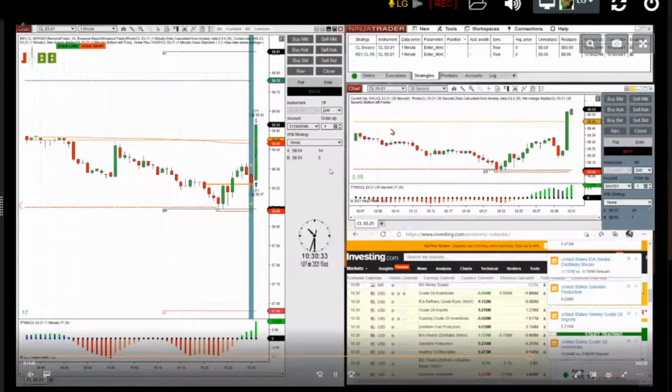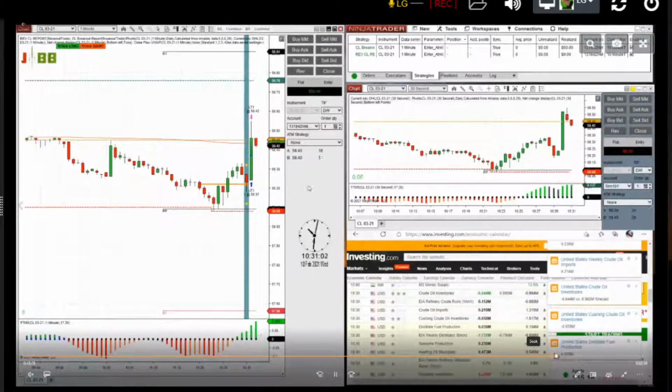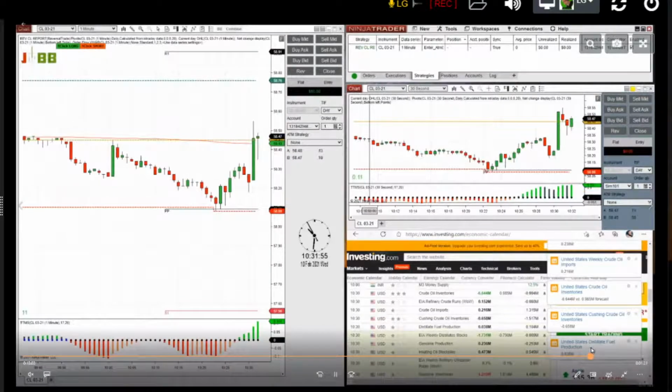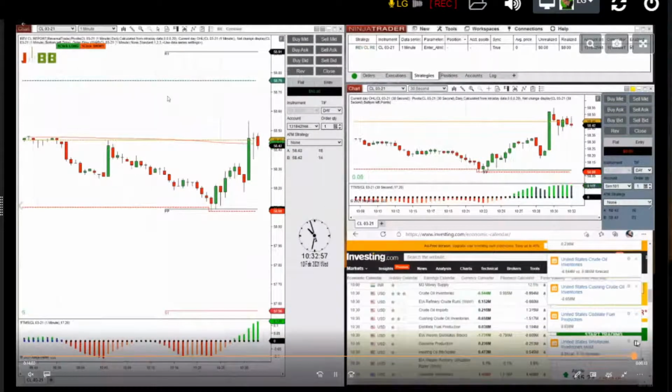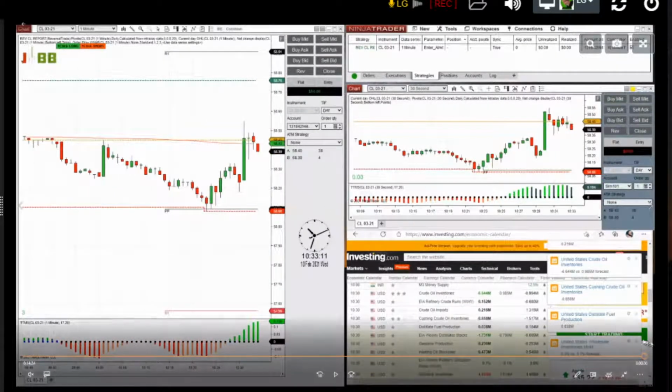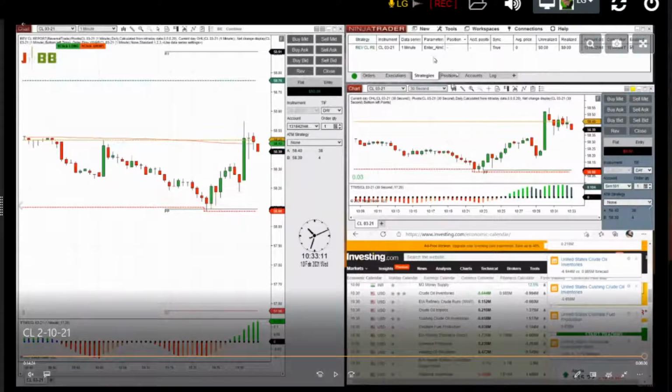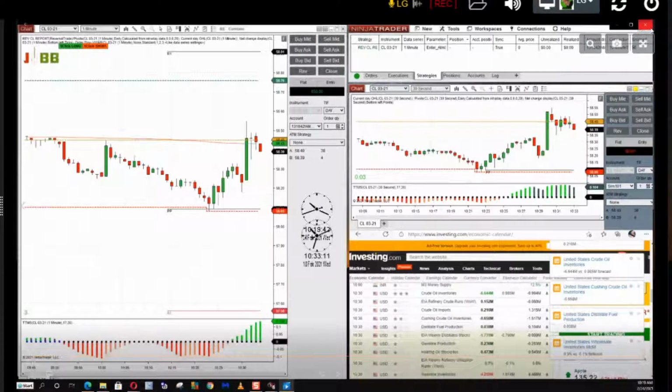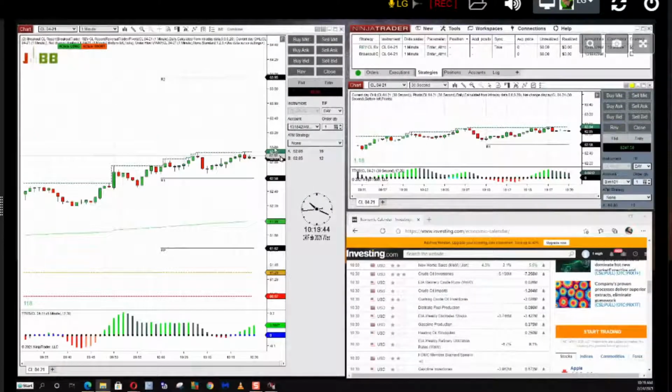Not always, but normally. And then you do have a potential reversal if you get to the high of the day, right? Something to consider. But it's getting late, and we would have been done by then. But if you're staying in and hanging around and watching crude, there are opportunities.